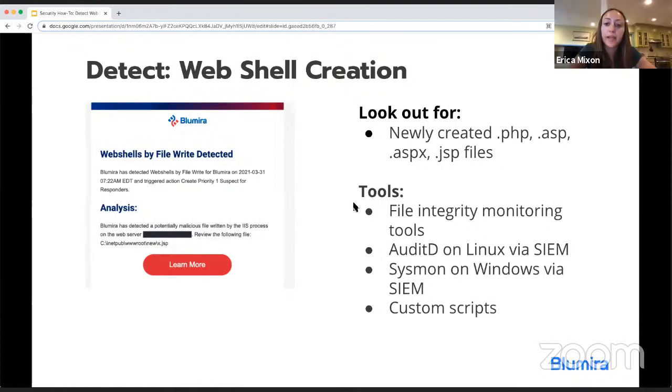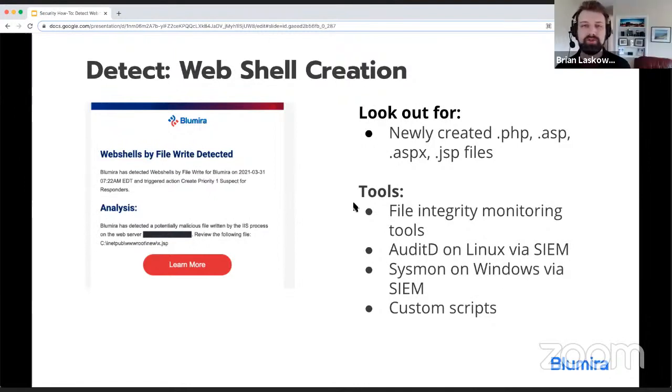Yeah, absolutely. And these files, the PHP, ASP files, once those are created, generally they're created once and then they just stay there, right? You're not generally seeing new files like these pop up from time to time. Correct.